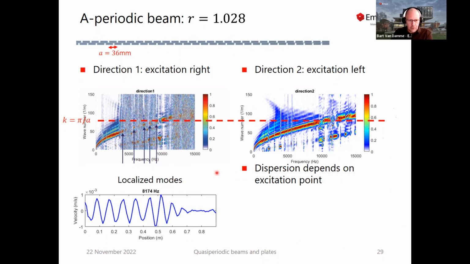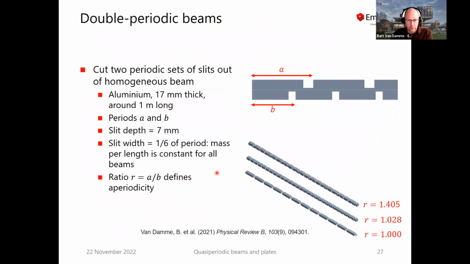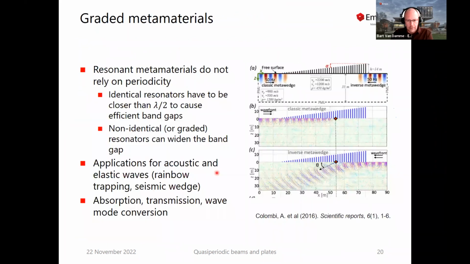So maybe let me ask more precisely about the points I don't understand in this plot. You said you show different amplitudes with the color, but where is the amplitude taken on the beam? Okay, so it's the method I was showing, but that was maybe too long before.